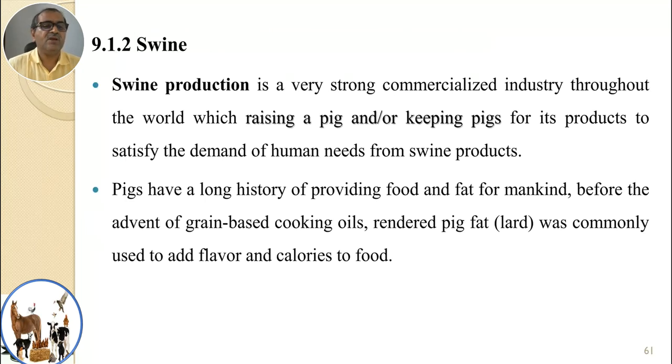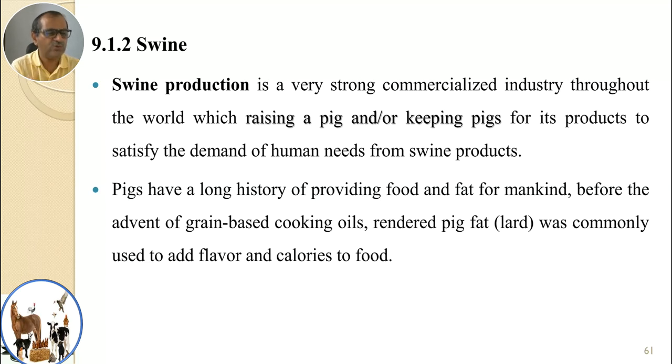Then another animal which is very commonly reared only for the meat purpose, and which is a very good converter of food, is the pigs or the swine, what we say. So it is a very strong commercialized industry throughout the world, especially raising the pig and keeping the pig products and satisfying the demand of human needs for swine production.